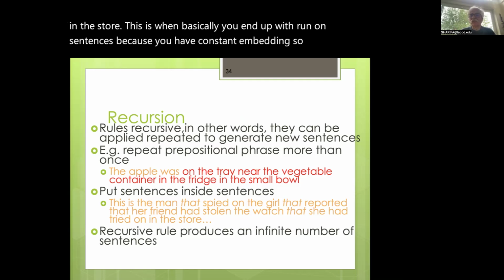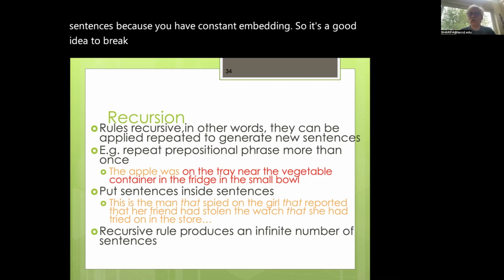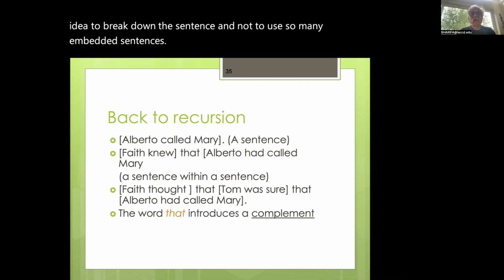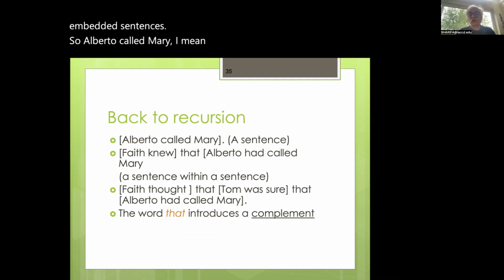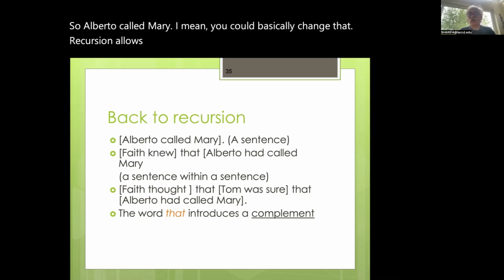So it's a good idea to break down the sentence and not to use so many embedded sentences. So Alberto called Mary. I mean, you could change that. Recursion allows that. Sentence within a sentence. Embeddedness would allow that.